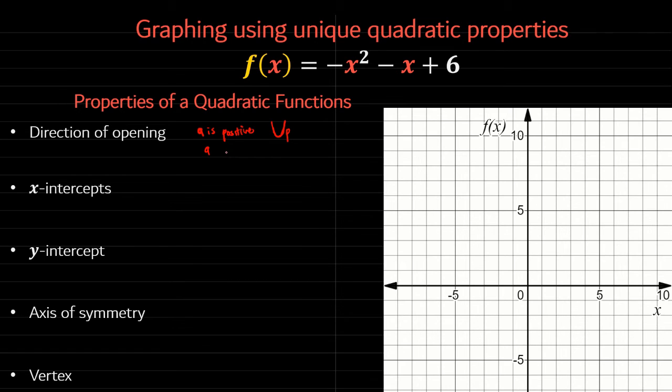But if A is negative, it's going to be down, right? So it's either up or down. For this one, A is negative, so we know that the graph we are expecting should look like this. It's going to be down because A is negative, so concave down. Okay, good. So for this graph, let me just write it here, direction of opening, down.